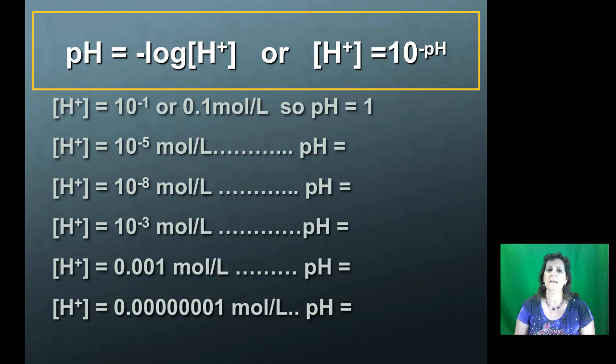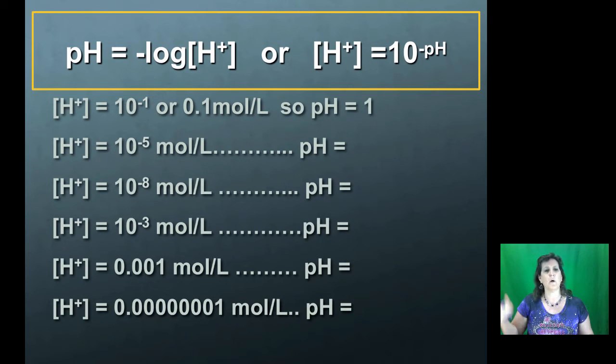What about if we write it in decimal form? If H+ is 0.001 mole per liter, what's the pH? Well, that's the same thing as 10 to the minus 3, because we're moving that decimal 1, 2, 3 times. So 10 to the minus 3 and 0.001 are the same thing, so it's 3.